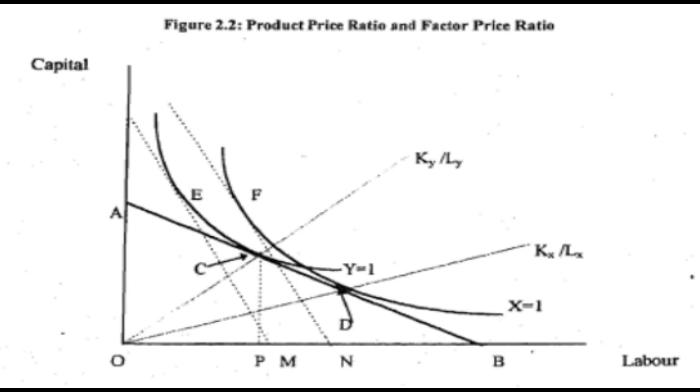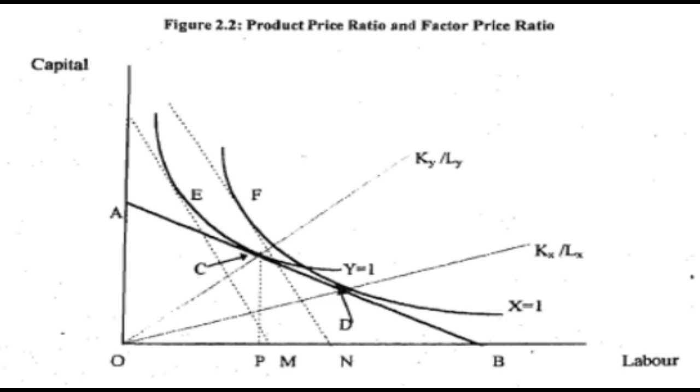But if W/R rises, the cost minimization points will not be on a common tangent; rather, the two industries will minimize cost on different isocost lines. These two isocost lines are drawn as dotted lines, and the Y industry will minimize cost at E, while the X industry will minimize cost at F. Therefore, the average cost ratio, which is the same as the product price ratio, is now OM/ON, which is greater than 1.